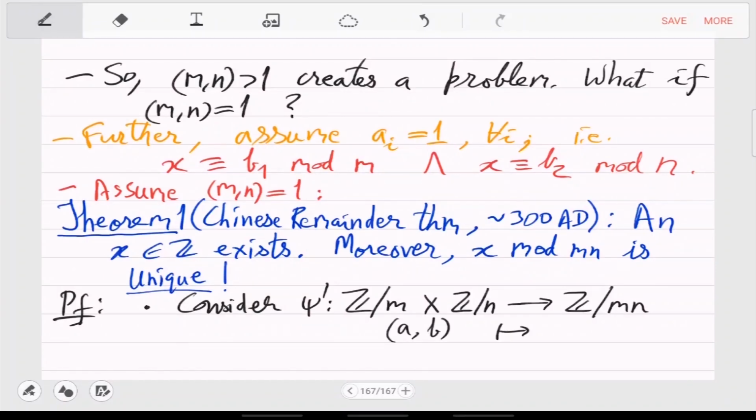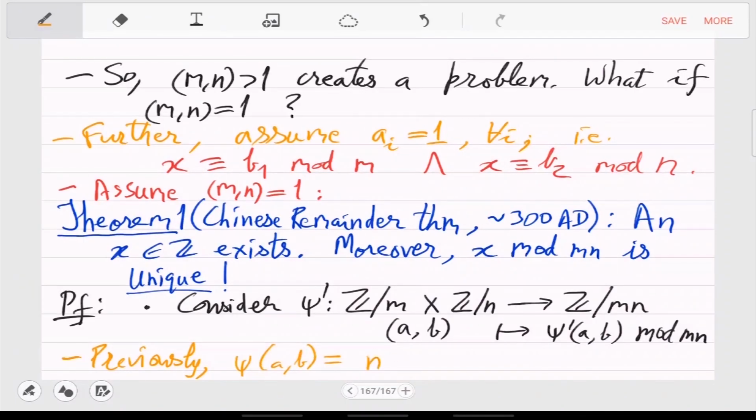So A comma B will be mapped to something mod mn, and here you can recall the previous expression. So previously psi of A comma B was An plus Bm. So can we use the same psi here with this different domain also?